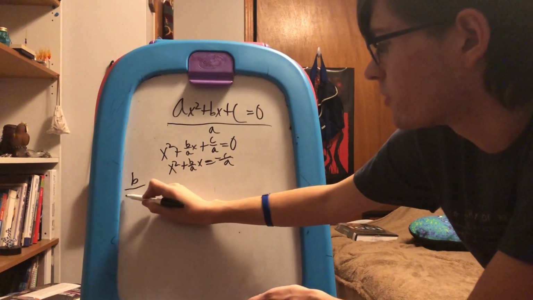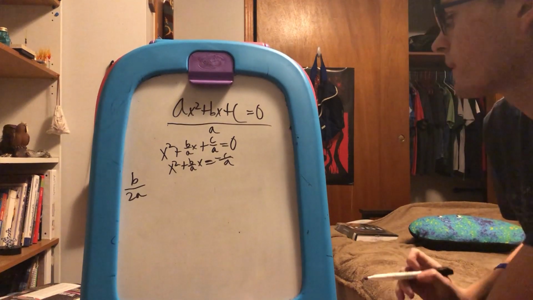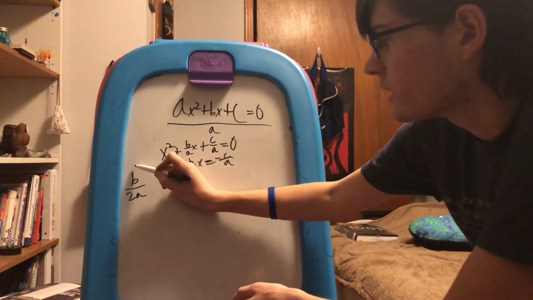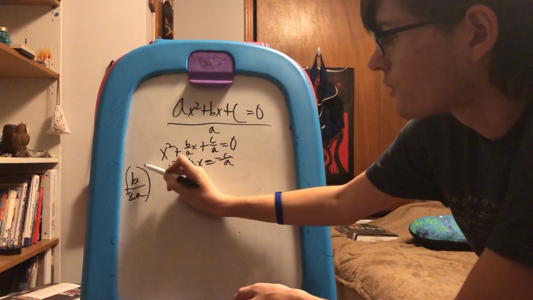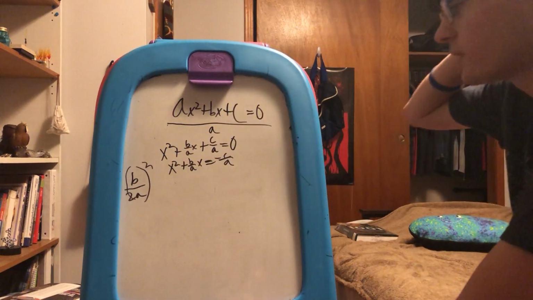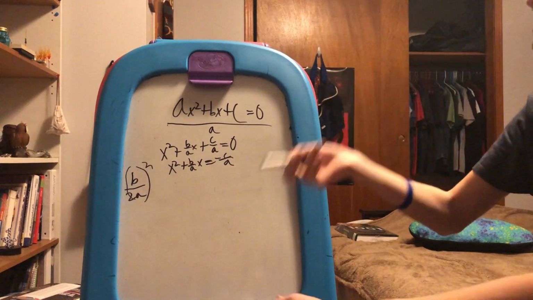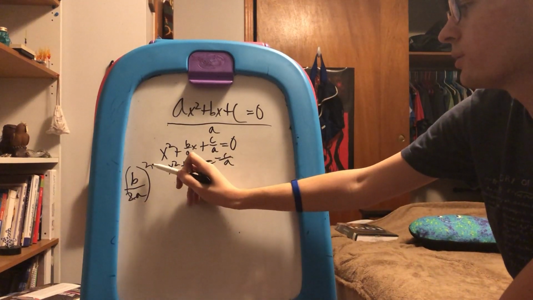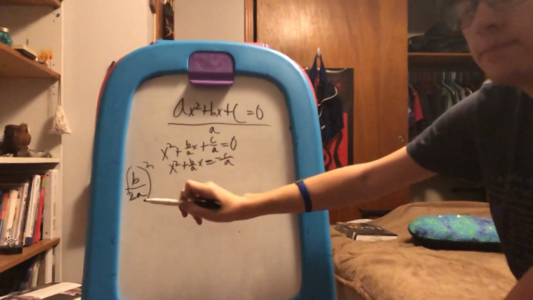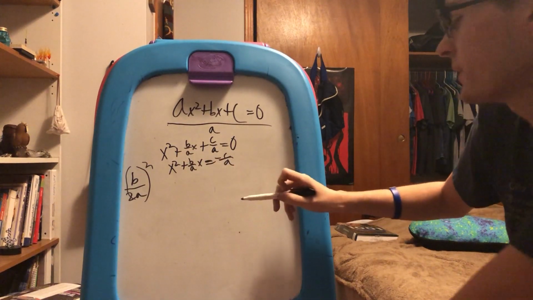So it just becomes b over 2a. And then we want b squared, so we square it. Sorry for the parentheses. Squaring a fraction is just you square the numerator and square the denominator separately.